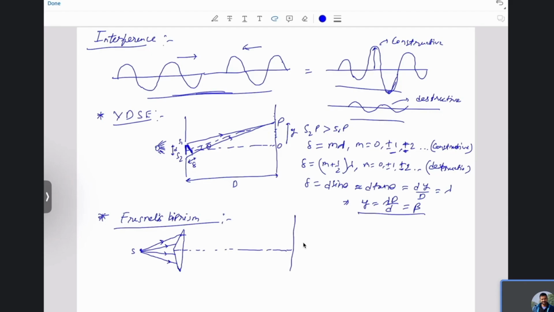Here you have a screen, and suppose this light ray becomes parallel to the axis and goes to O, and this one will deviate like this and go somewhere here.